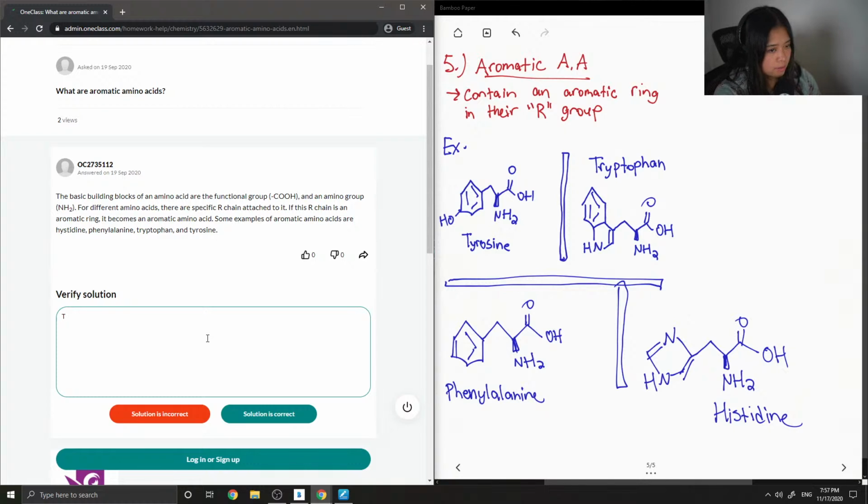Yep, so this solution is correct. I'll just correct the spelling mistake for histidine. Oh god. Histidine.